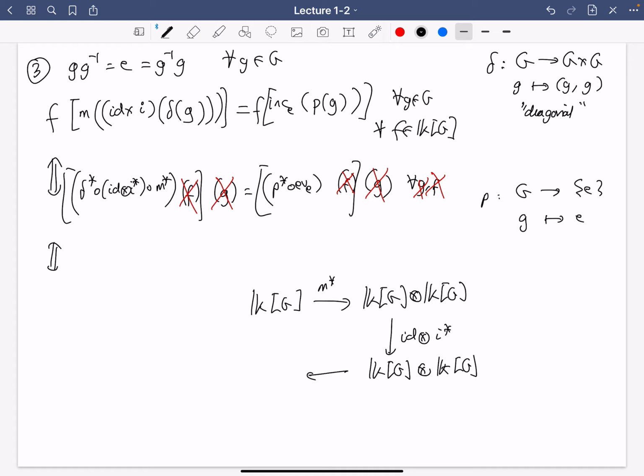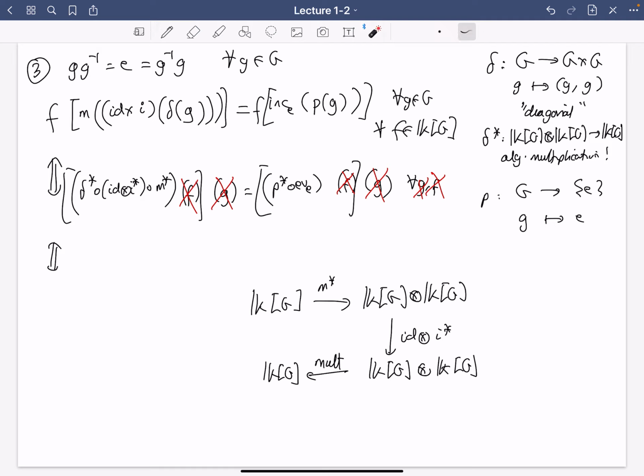Now let's think, what is delta star? Delta star goes from k of g tensor k of g to k of g. It's just the algebra multiplication. So this is just multiplication in that given algebra. So that's my left-hand side.